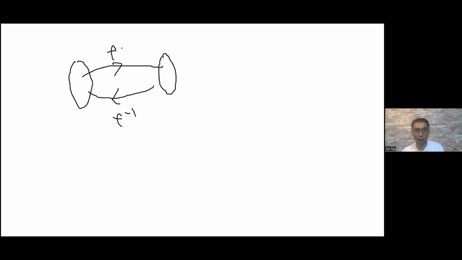So for example, 2, 3. Now this 3 will become 2. Initially the x coordinate is before transformation, and the y coordinate is after transformation. Now the x coordinate is before transformation, and the y coordinate is after transformation.